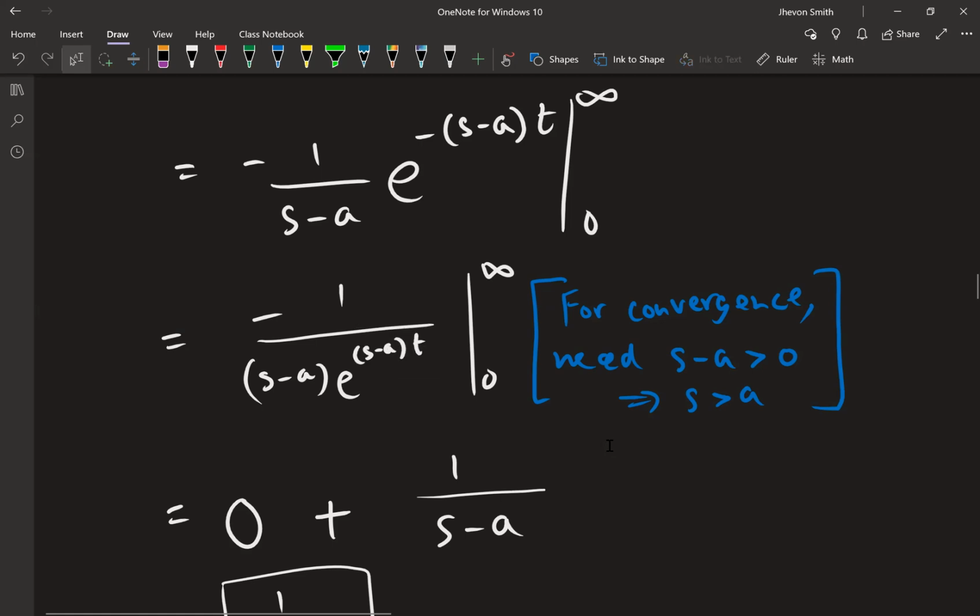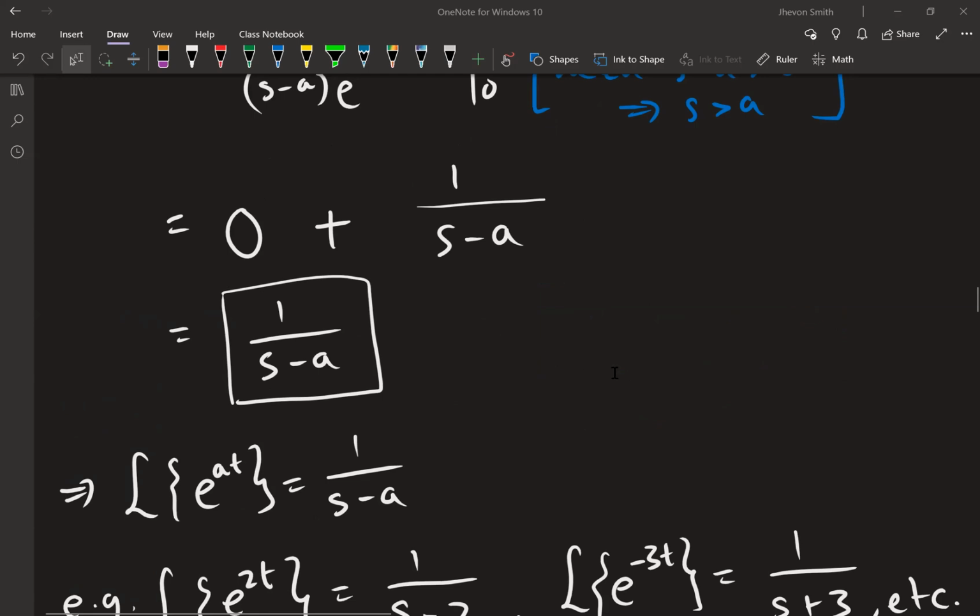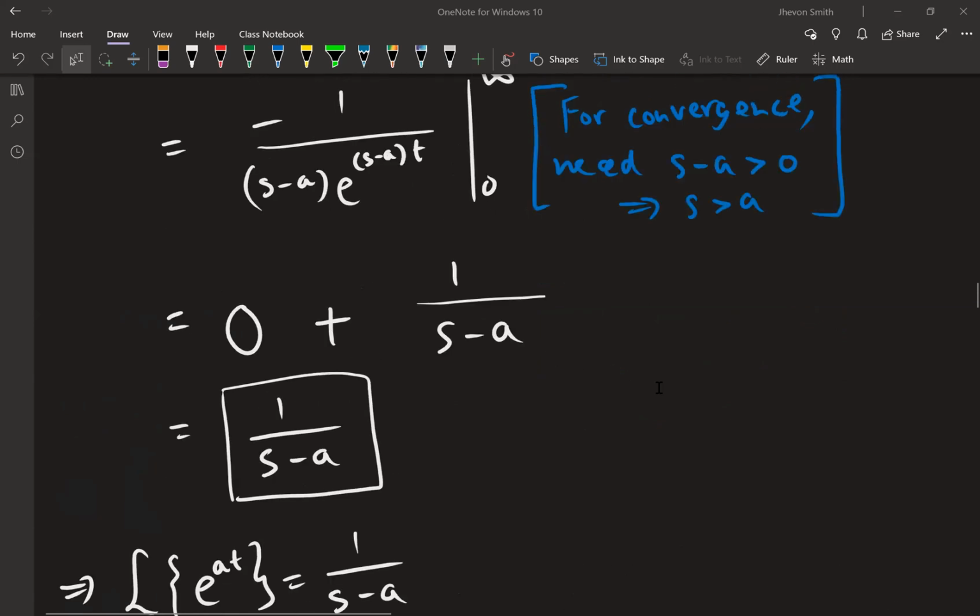I don't want to do that. Right, it is minus 1 over s minus a, but it's the fundamental theorem of calculus, so you subtract the lower limit. Technically, it's going to be 0 minus the quantity minus 1 over s minus a.